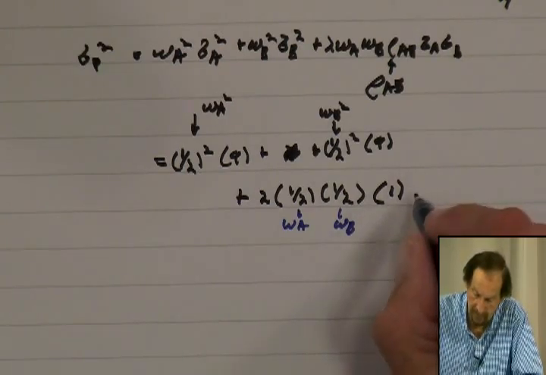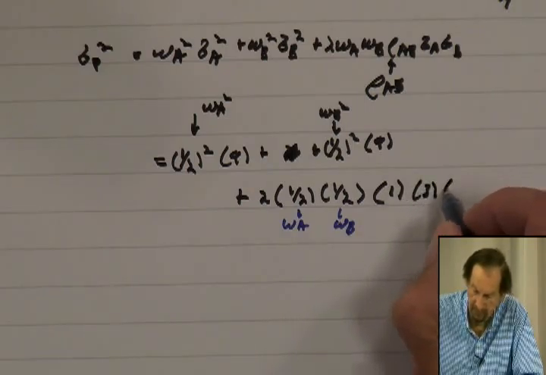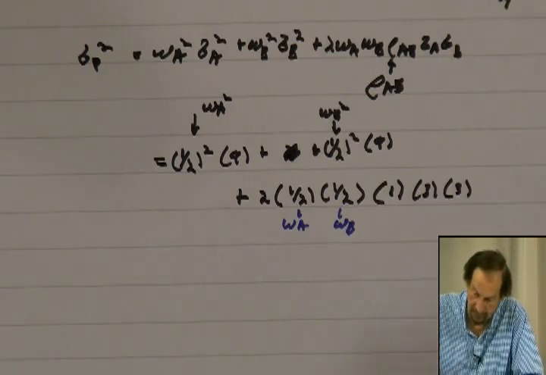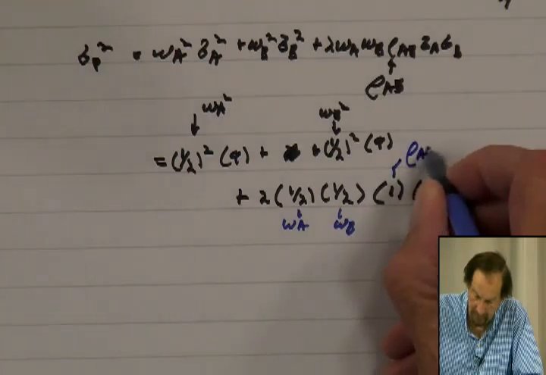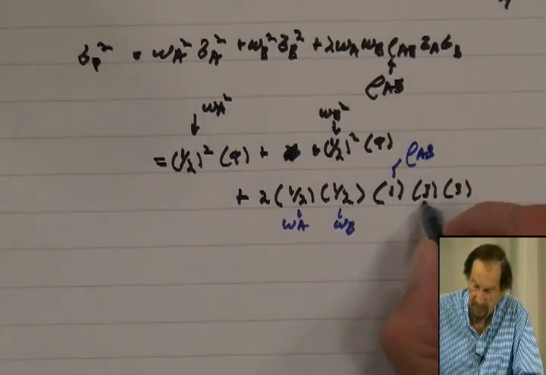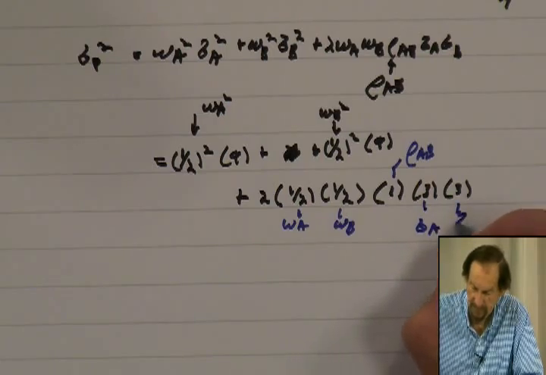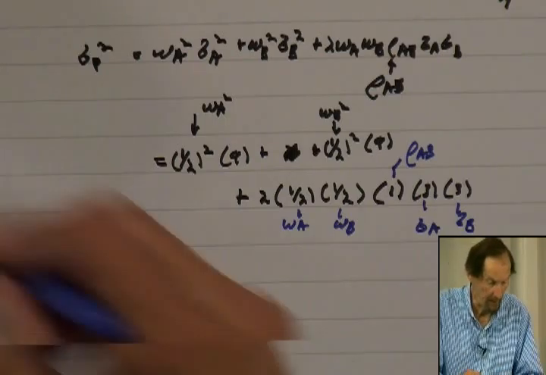Okay, so we have 3 and 3. Let's just look at what these are. This is our rho AB, this is sigma A, and this is sigma B. So what do we have?